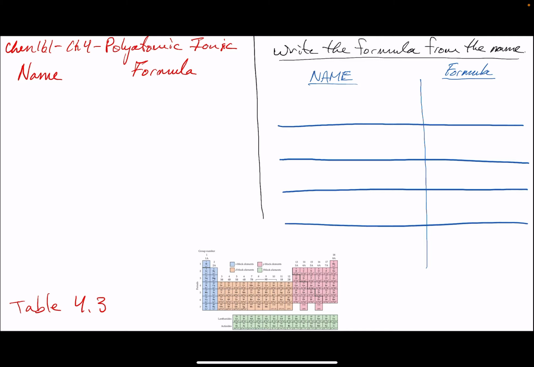Okay, so the ones we need to know are the carbonate ion. The carbonate ion is CO3 2-. Just to highlight, the 2- charge here is associated with the whole structure.